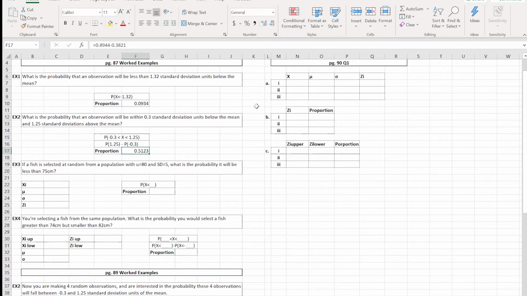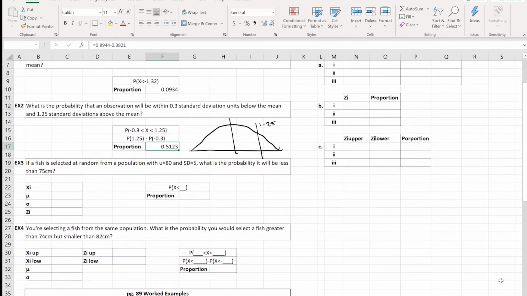And I can draw that again. So that's the probability. We have like 1.25 here and negative 0.3 here.